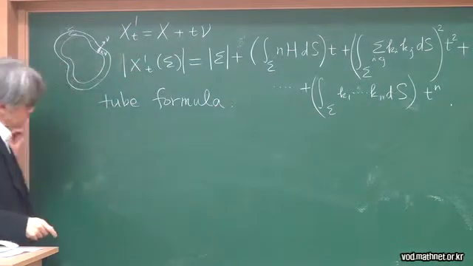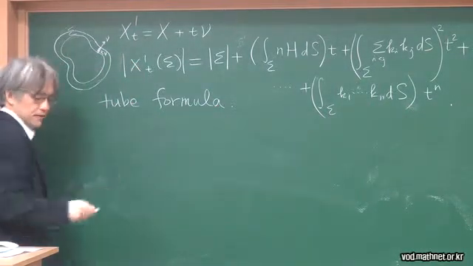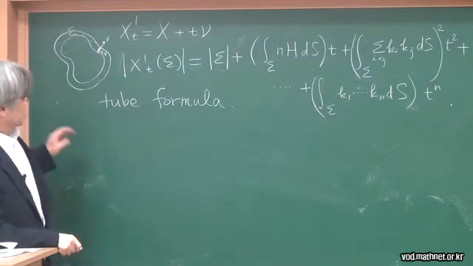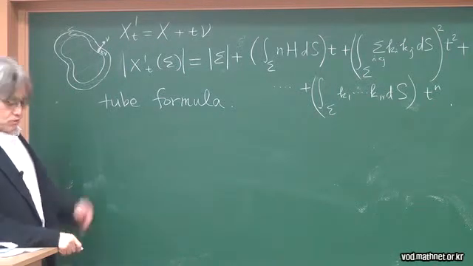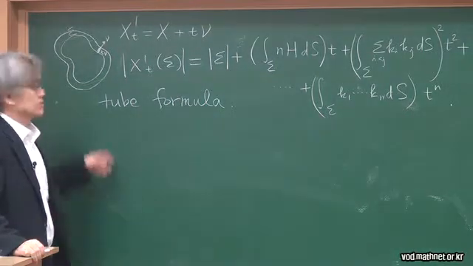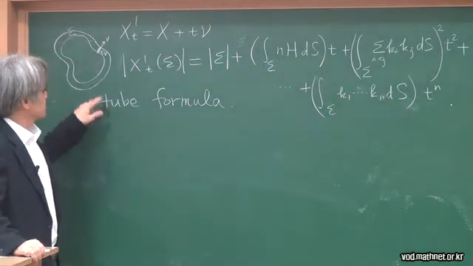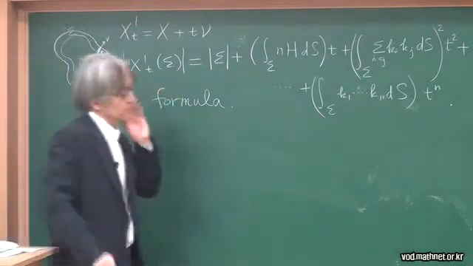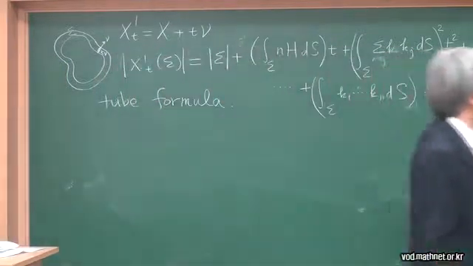The first observation about this was made by a statistician named Hotelling, but that was generalized by Hermann Weyl. So he obtained the first tube formula. So this is quite intuitive and very simple.